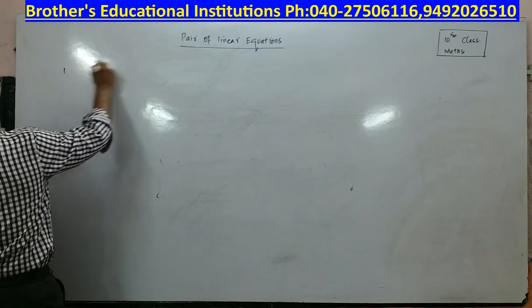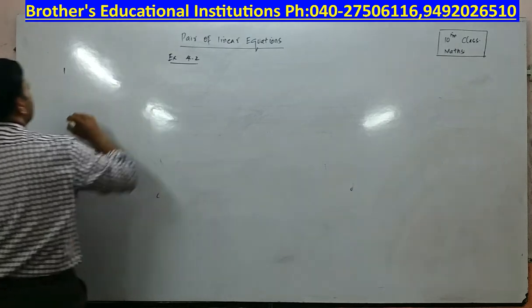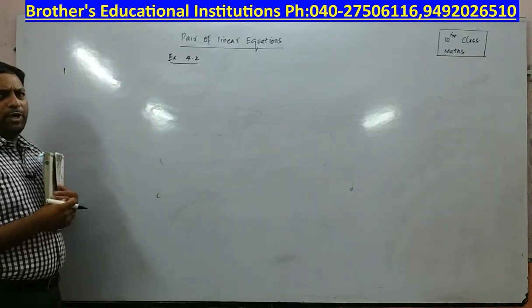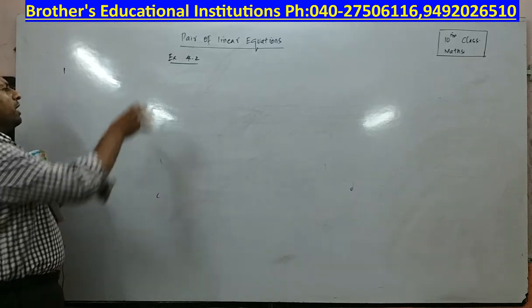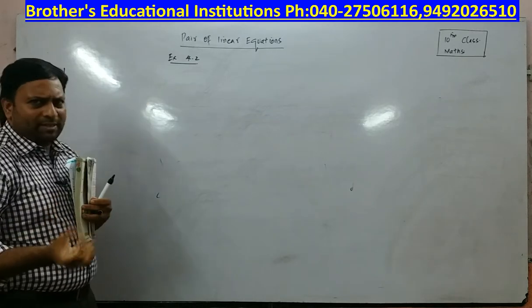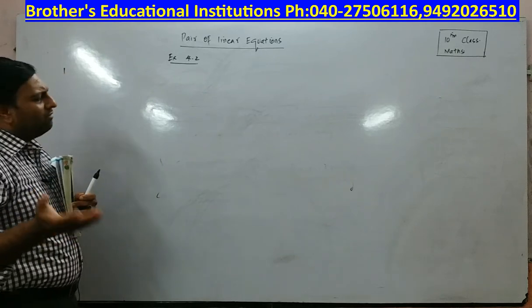Let me put the question. This is exercise 4.2. We are straight away jumping on to exercise 4.2. We will come back to the first exercise at the end. Why? Because once you are through with the numericals, you will get a grip on the subject and then you can do the problems in exercise 4.1 very easily.